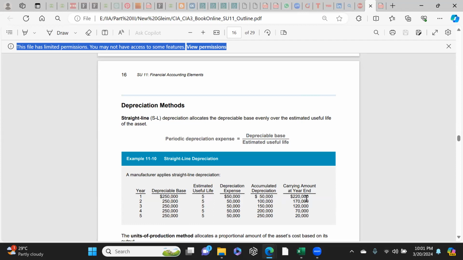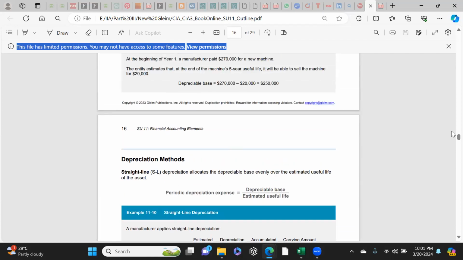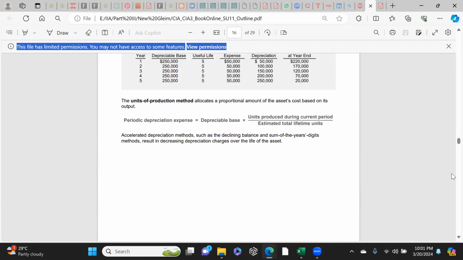That means the book value is 250 minus 50. Then in the second year you will also depreciate 50, so altogether accumulated depreciation will be 100. Like that, this is the basic depreciation entry that you will be having. So that is the normal one.